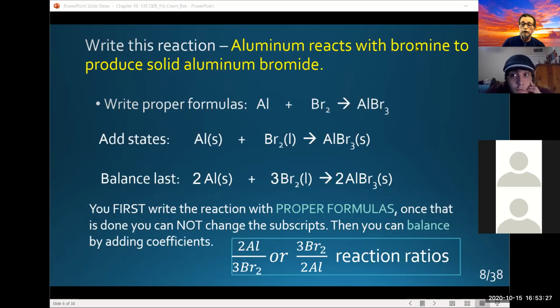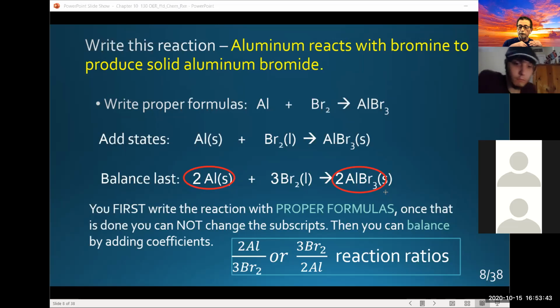Now, I'm just using the reactants, but I also have the ratio of aluminum to aluminum bromide. It's a 2 to 2. The ratio from here to here is 2 to 2. Isn't that 1 to 1? If I put that in a ratio, 2 aluminum over 2 aluminum bromide, don't the 2's cancel out? That's a 1 to 1. You all see that?